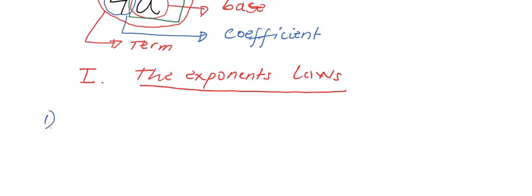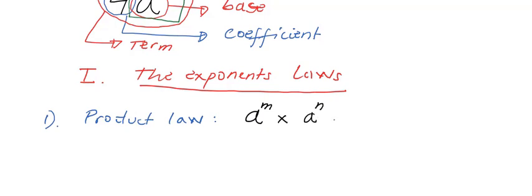The first law, the basic one, is called the product law. Let's say the same base, a^m times a^n. As you can see, the bases are the same.